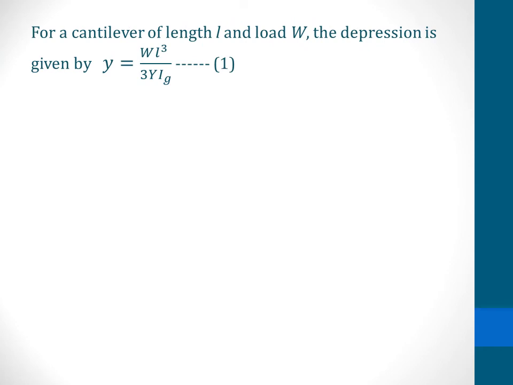For a cantilever of length L and load W, the depression is given by y = WL cube divided by 3YIg. This we call as equation 1.